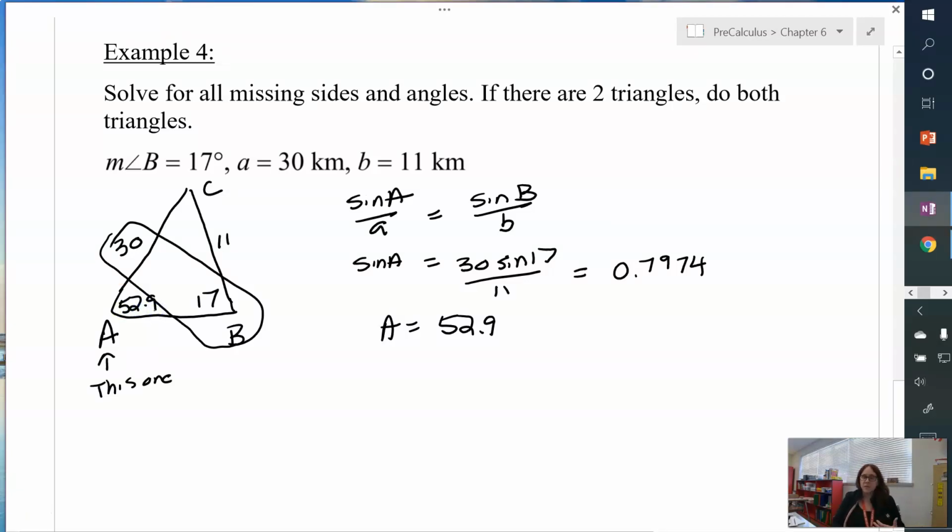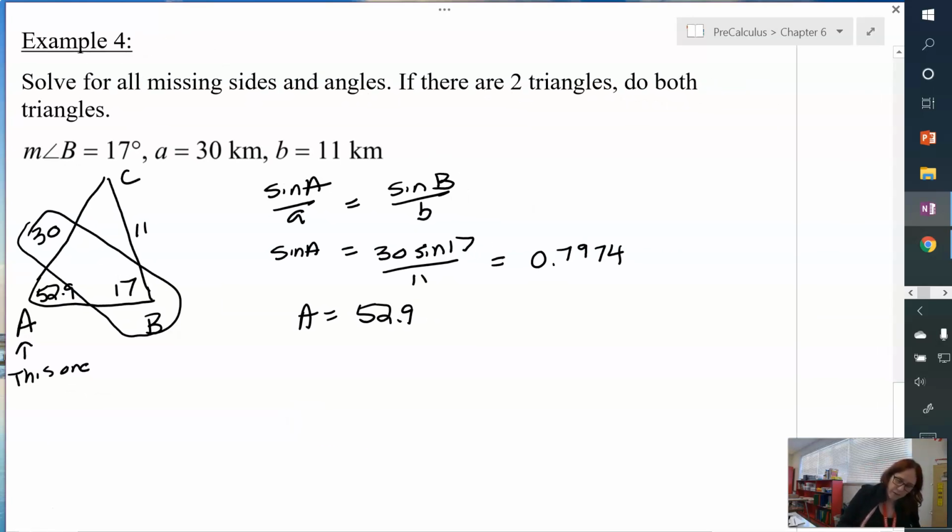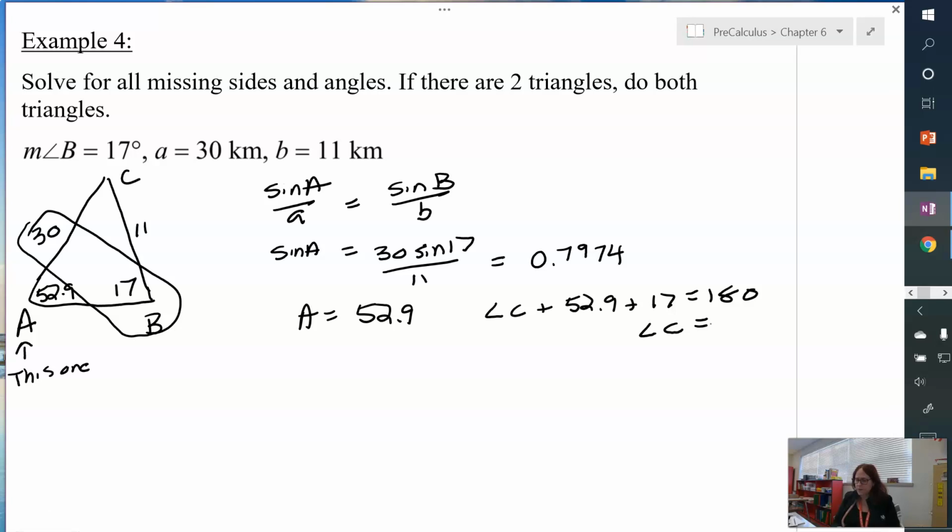And then since I am solving these triangles, I'm going to go ahead and figure out what angle C is. So angle C plus 52.9 plus 17 has to equal 180. So angle C is going to be just 180 minus 17 minus 52.9.